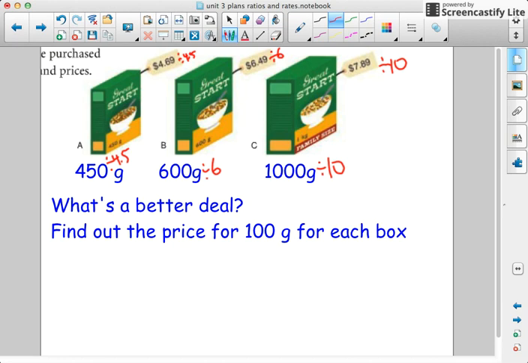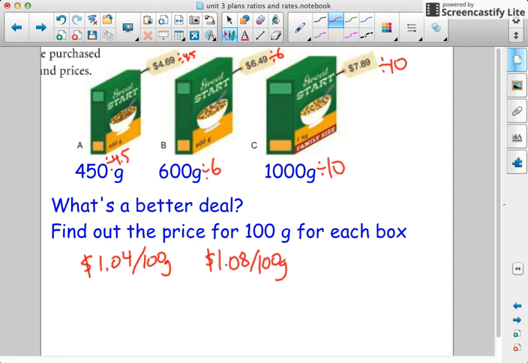So this is going to give us the cost per 100 grams for each one. So the first one, per 100 grams, cost is going to be $1.04. Second one, $6.49 divided by 6 is going to be $1.08 per 100 grams.